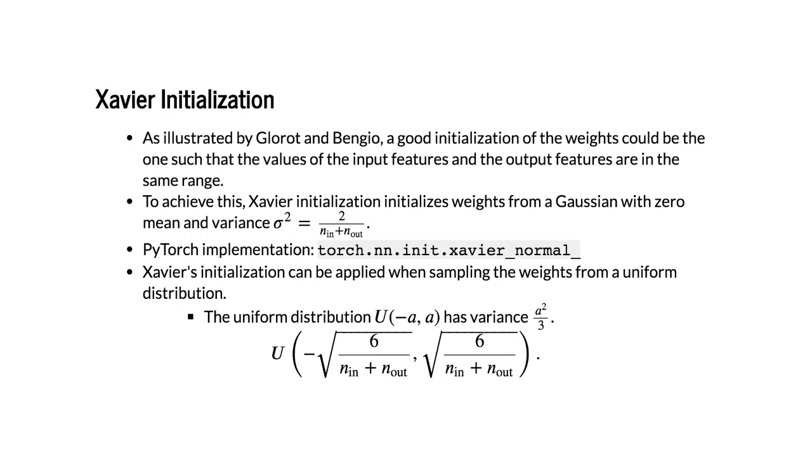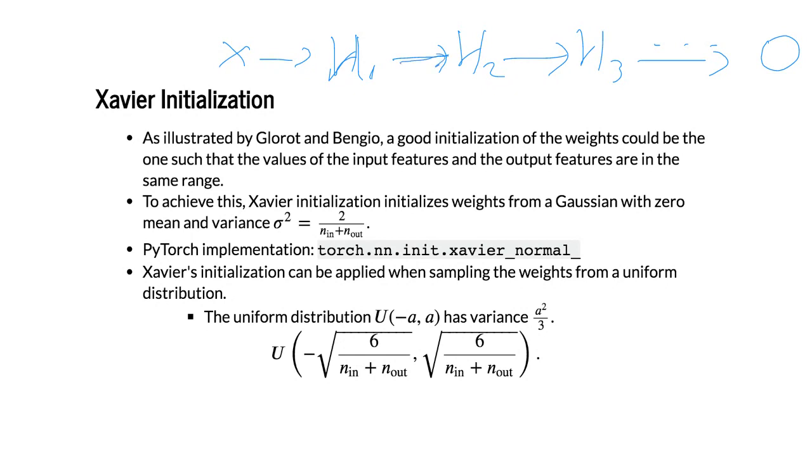Okay, so you have X goes through H1, then goes to H2, goes to H3, then keep doing this, take the output. For any layer in this network, any layer will take some input features and produce some output features, right? So H2 here, you have the input features that go into H2, and then you have the output features.